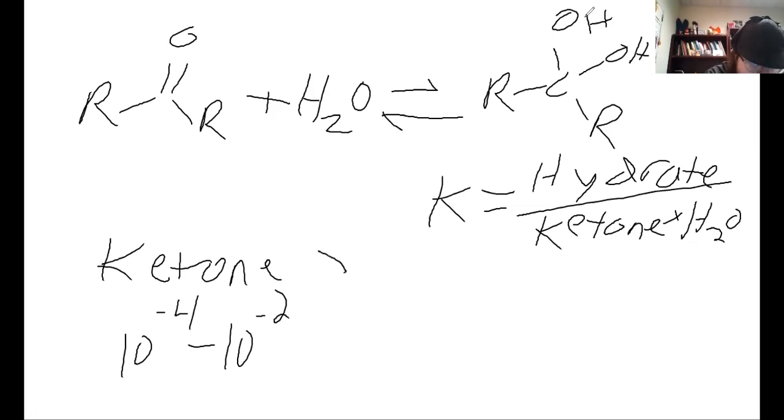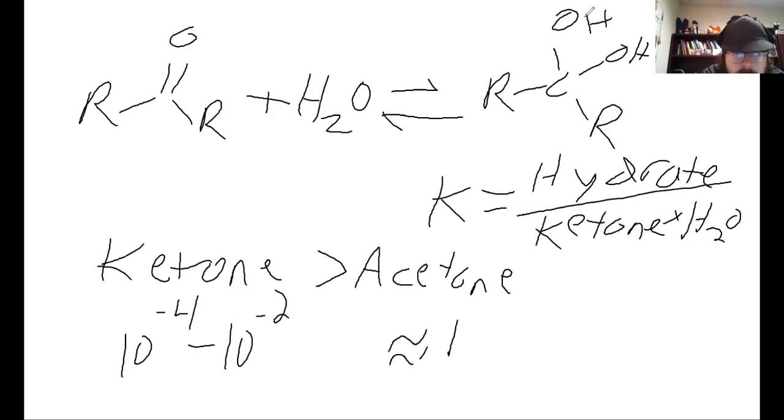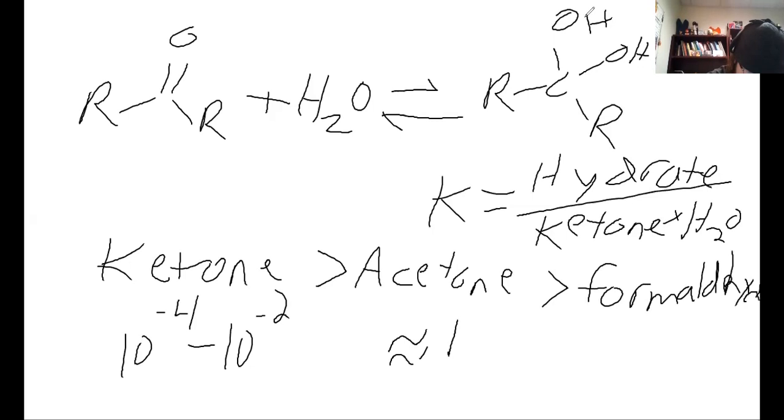If you look at acetone, KEQ is approximately 1, so you're kind of flipping back and forth between the diol and the ketone. And formaldehyde, which is the methanal, actually prefers the diol.